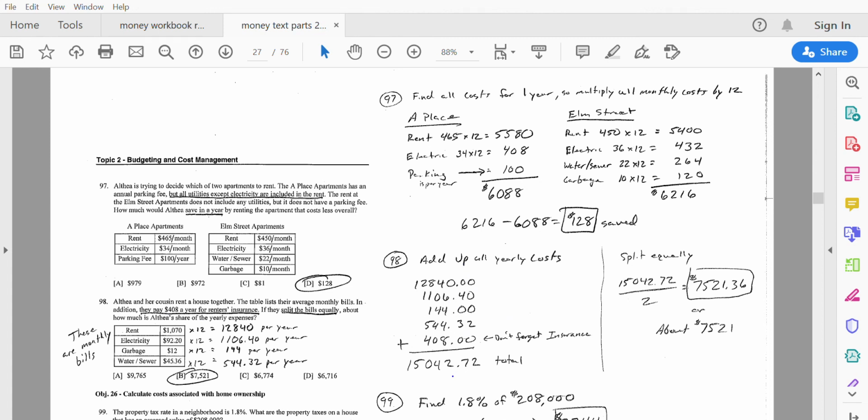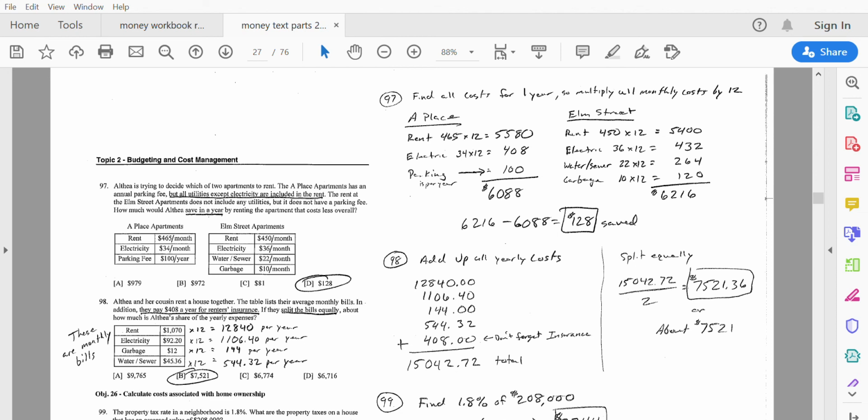We add them all up. We get $15,042.72 for the year it costs. Then there's 2 of them, so we just divide by 2. And we get $7,521.36. The question asks about how much, so we just round that, $7,521. Okay.